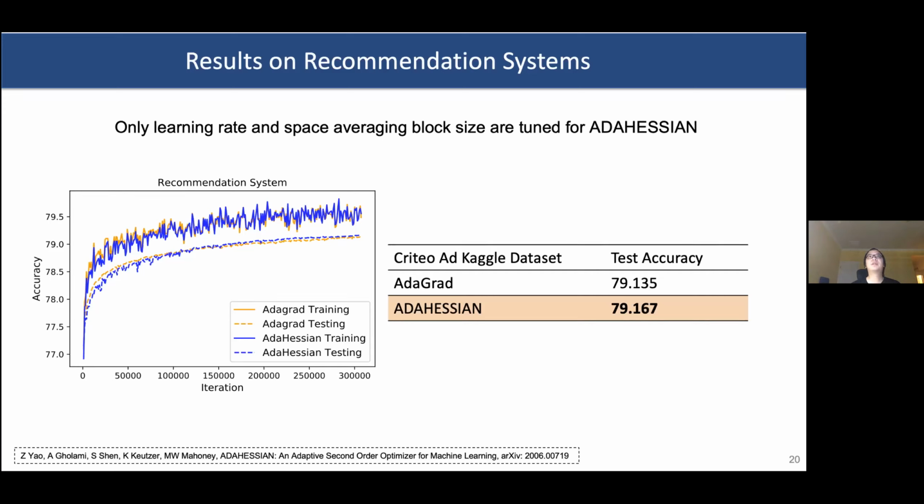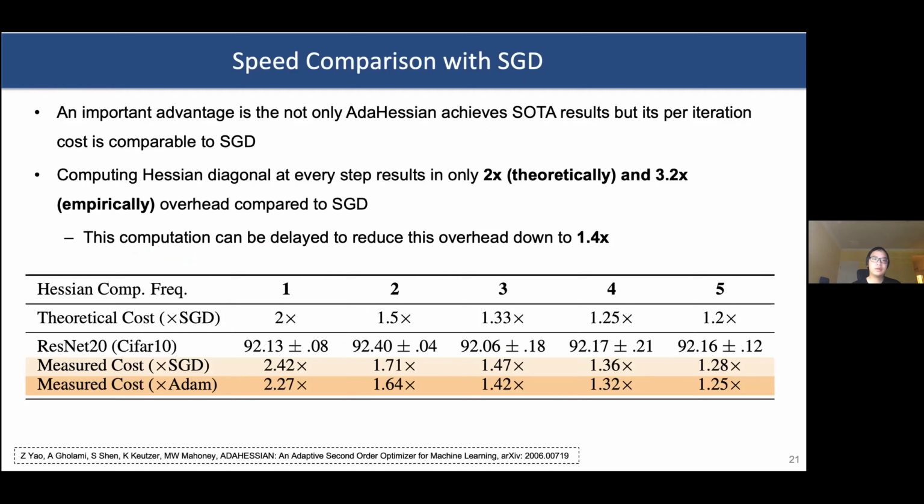That means maybe AdaHessian can avoid overfitting, since the training curves are almost identical. At the end, the performance gain of AdaHessian is roughly 0.032. As Amir mentioned, although this gain seems very small, this is typically the gain level for a recommendation system.